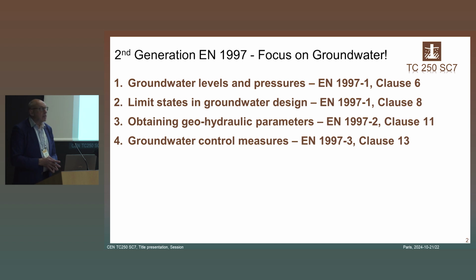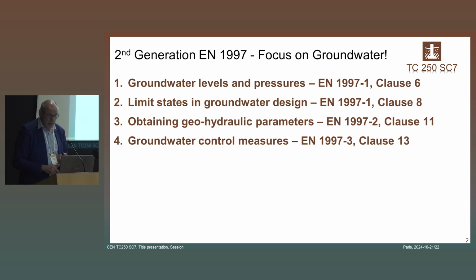So in the second generation of Eurocode, there's a lot of focus on groundwater, because groundwater is a force which is often under-evaluated, but the effects can be disastrous. So we have in part 1, clause 6, on groundwater levels and groundwater pressures.